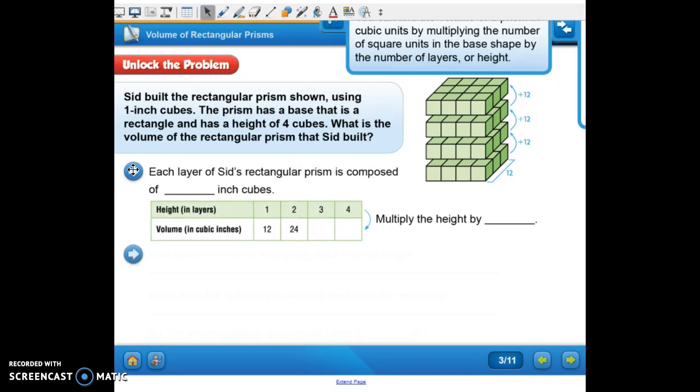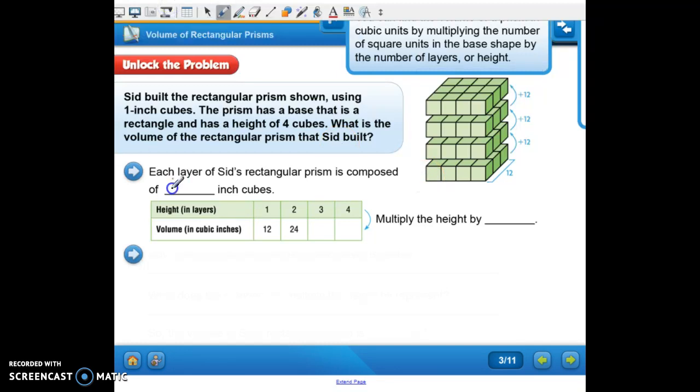Now this is one way you can do this. Each layer of Sid's rectangle is composed of what? How many inch cubes are there? It's 3 this way and 4 this way.